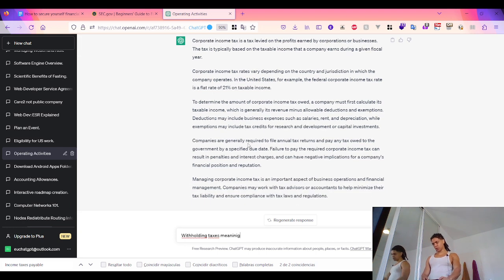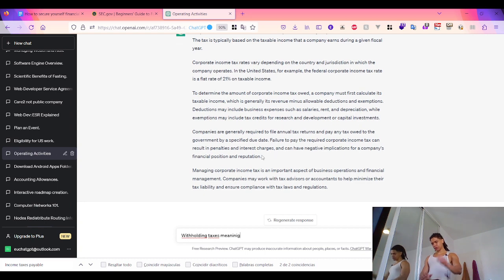Companies are generally required to file an annual tax return and pay any tax owed to the government by a specific due date. Failure to pay the required corporate income tax can result in penalties and interest charges and can have negative implications for a company's financial position and reputation. Managing corporate income tax is an important aspect of business operations and financial management.